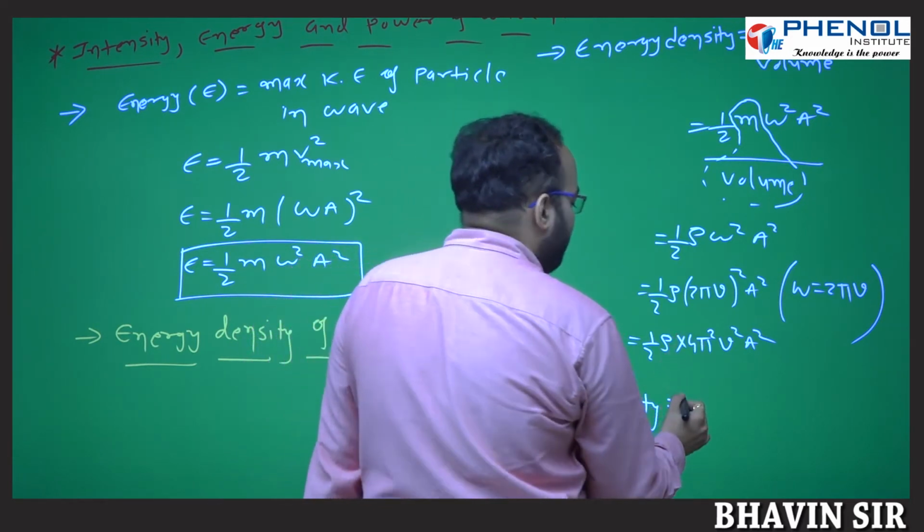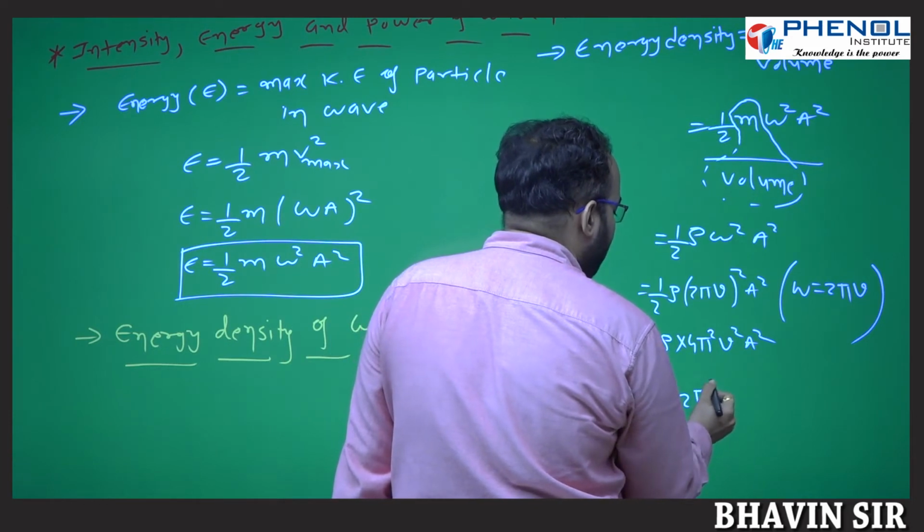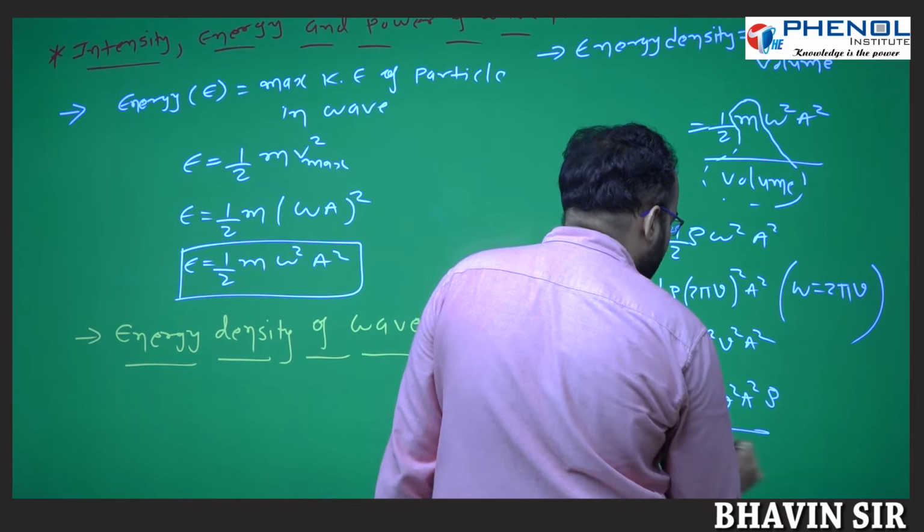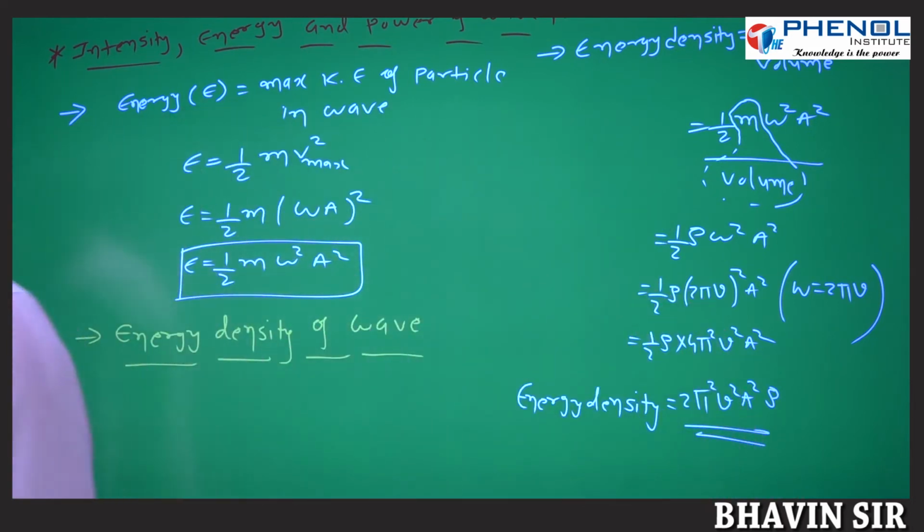So 4 upon 2 gives 2 pi square nu square a square rho. Okay, so that is the energy density.